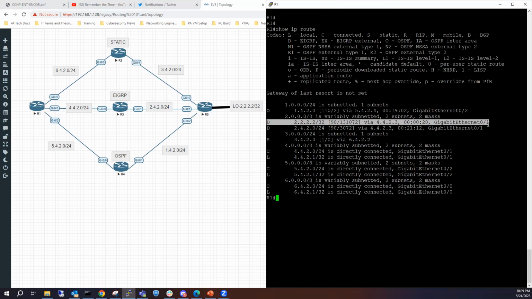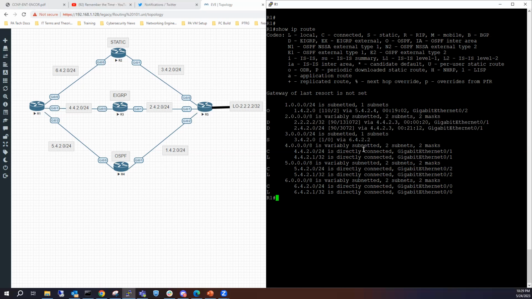So it has the code of D. If we look at our markers here, D means EIGRP. And so of course that means it's going out of gigabit 0/1, right over here.